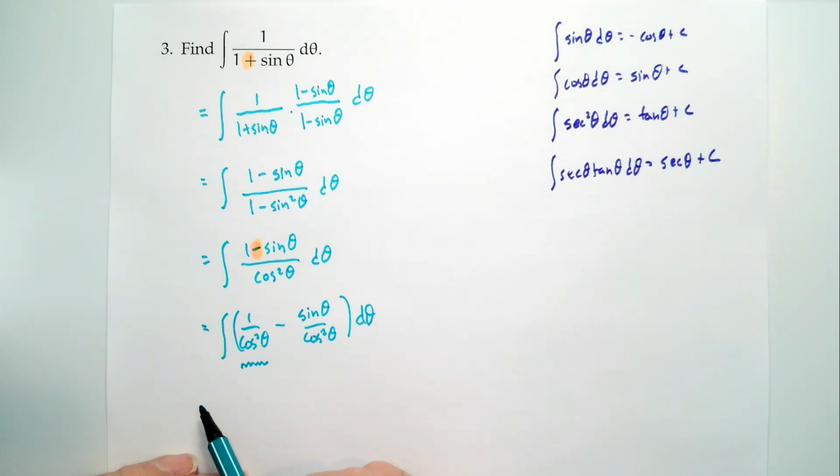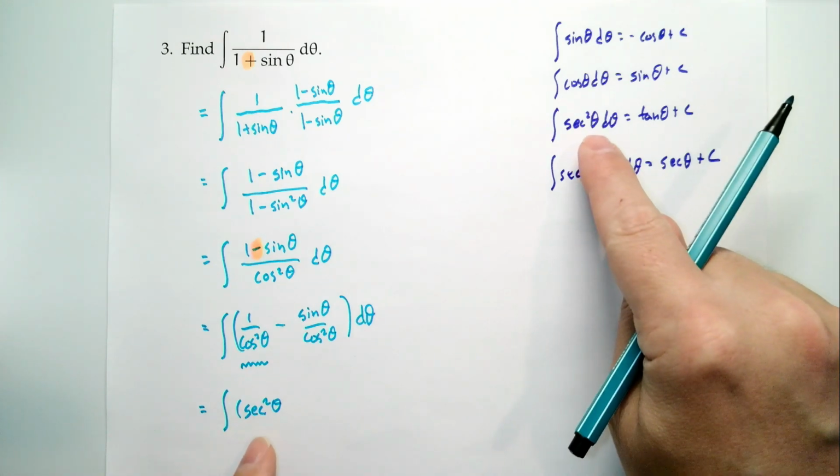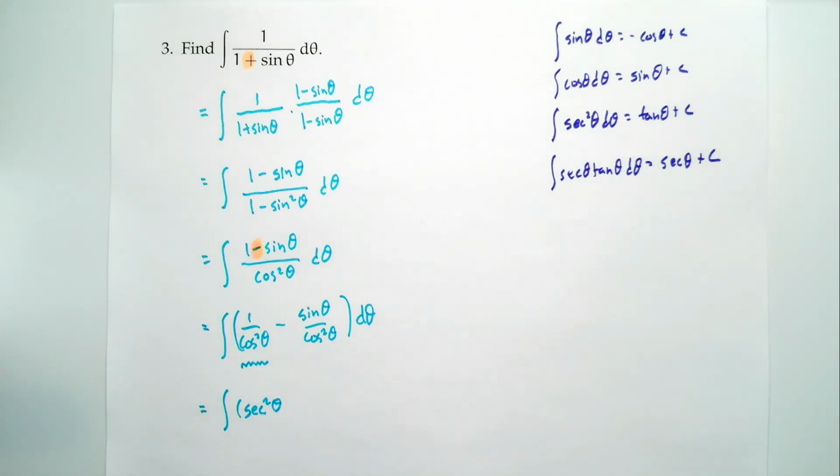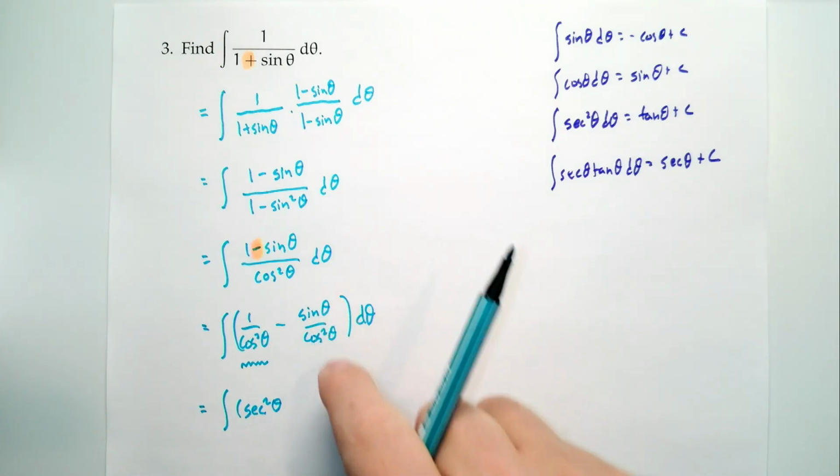And how do we do it? Well, 1 over cosine squared is secant squared, right? Because 1 over cosine is secant. And now we're like, woohoo, victory! We have a secant squared. Nice! All right. Now, how about sine over cosine squared?